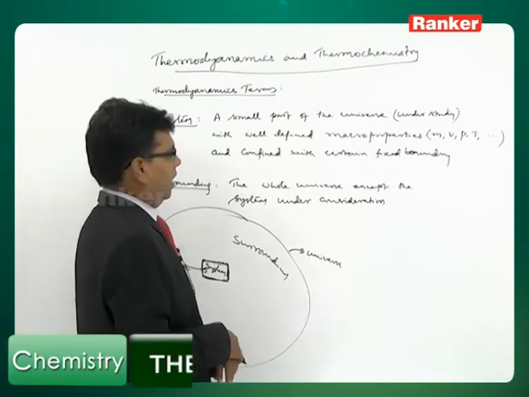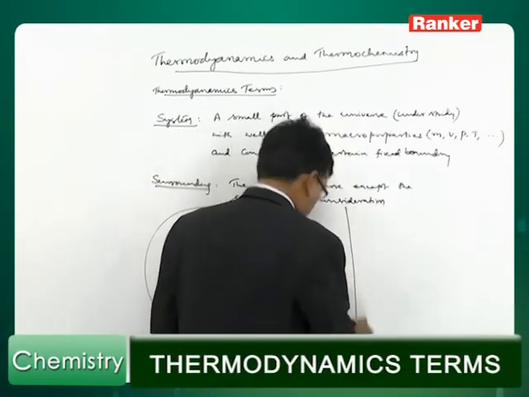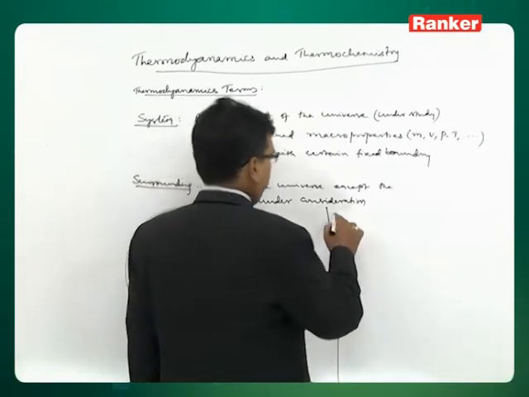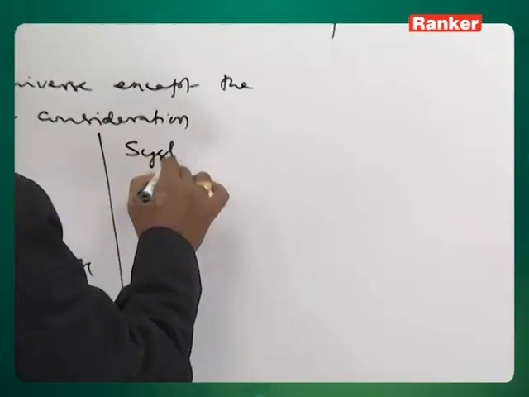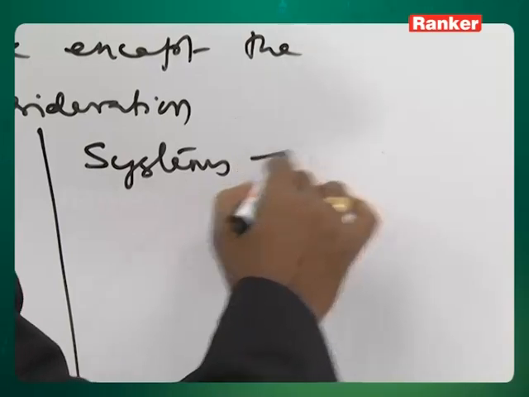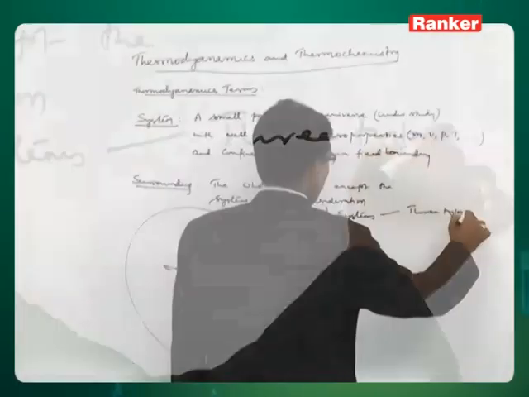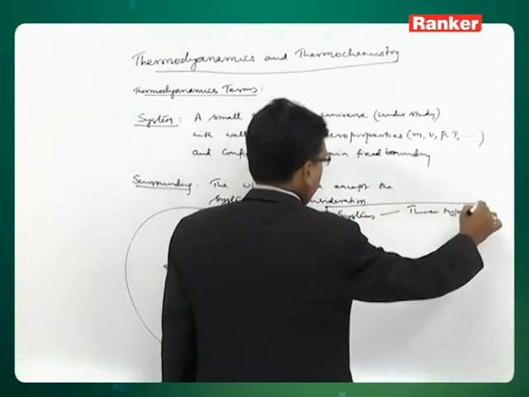Next, when it comes to systems, we have different types of systems. The systems have been classified into three types. What are the three types of systems?